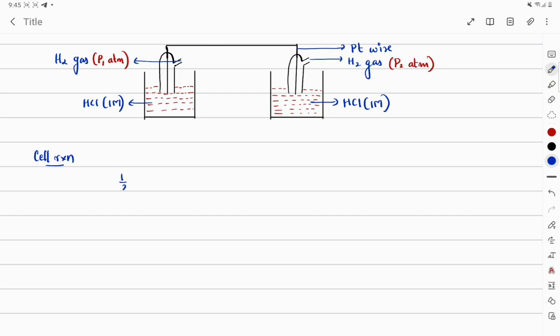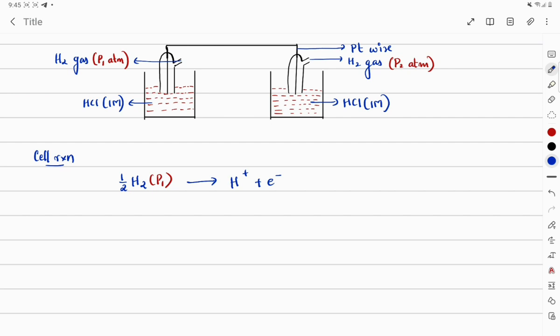So let's take half H2, because we need only one hydrogen atom, being oxidized into H plus and an electron. In this case, we have to mention the pressure of the hydrogen gas. So that is P1 atm, and then H plus and 1 electron.